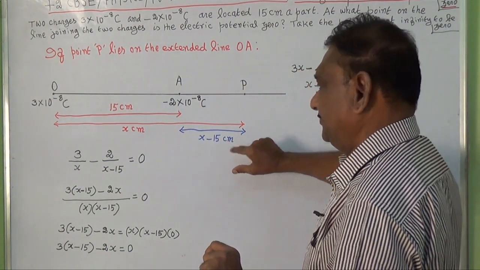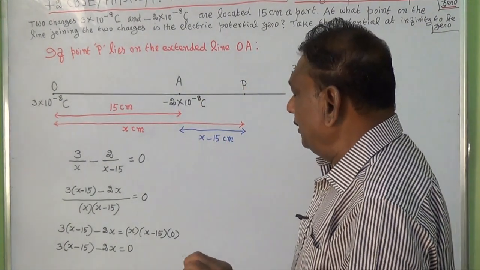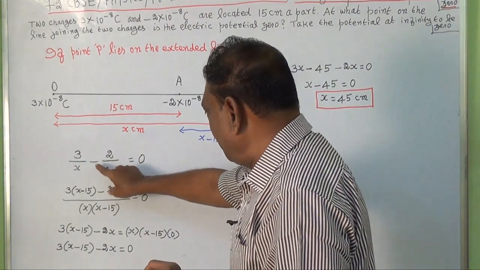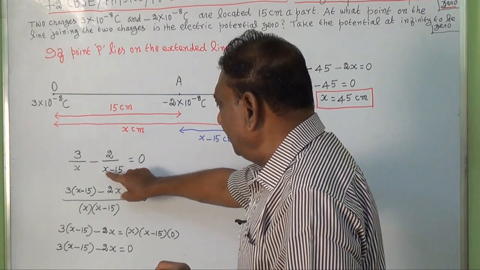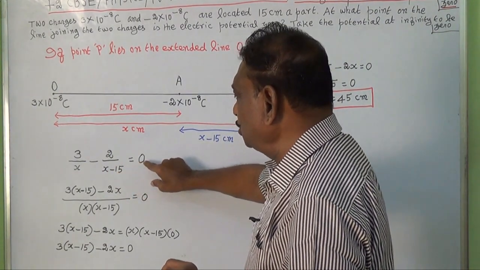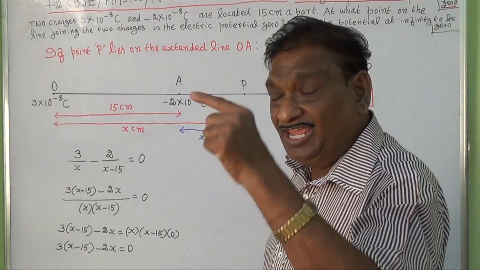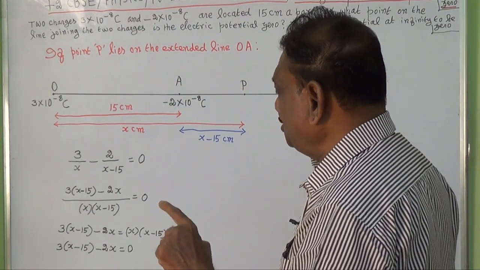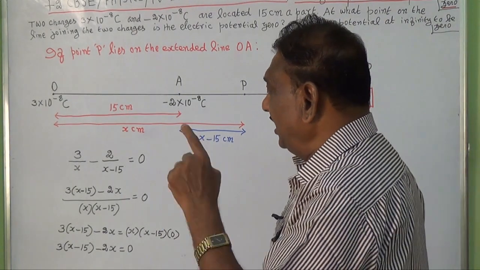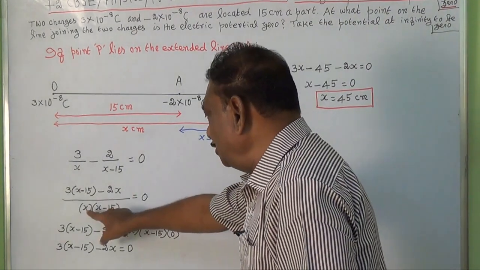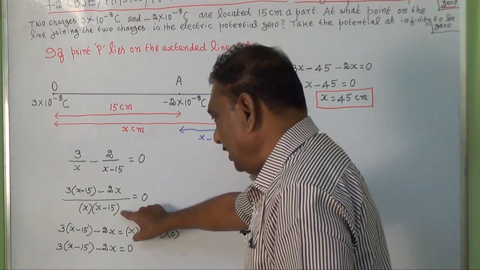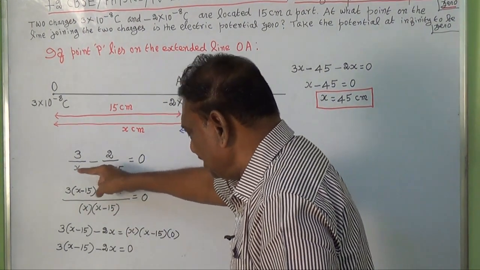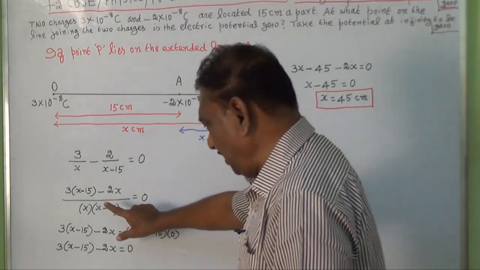Now we can write as 3 by x minus 2 by x minus 15 equal to 0, as we did earlier. If we find the LCM, we will get the LCM as x into x minus 15. If we divide this LCM by x, we will get x minus 15.